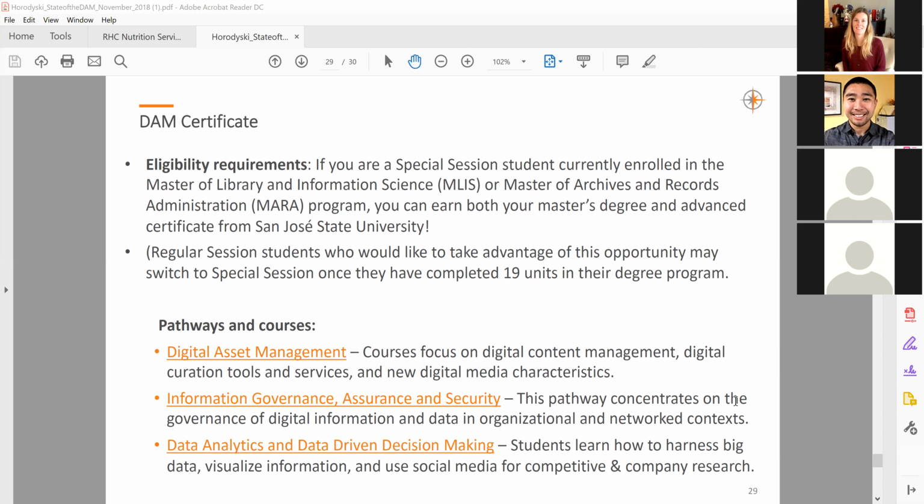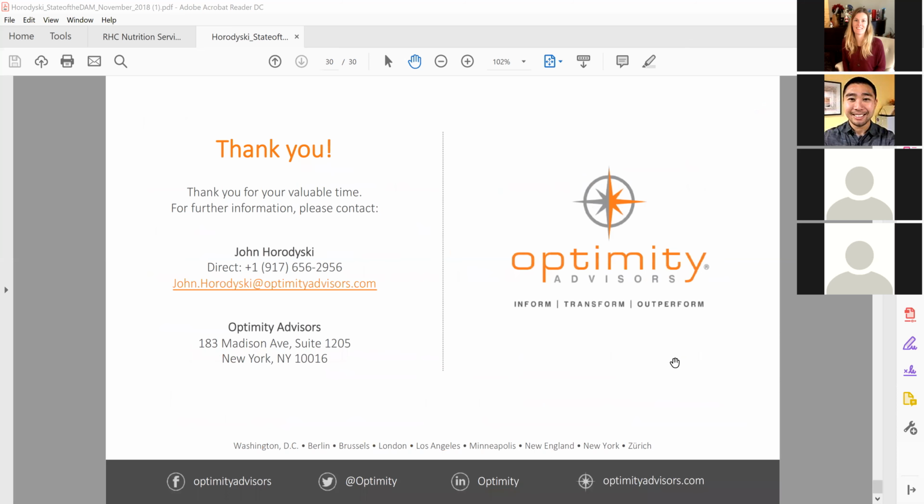Do I get to see the chat box or no? You can if you go to your little taskbar. I think there's a more button, and you can press chat, and it should pop up there for you. Okay. But I'm available for questions. Yes, or if anyone wants to grab the mic, that's fine too.